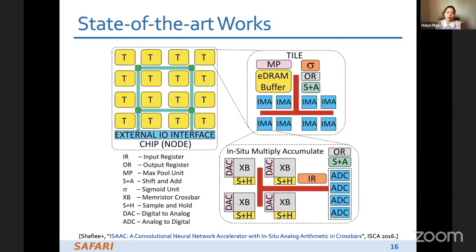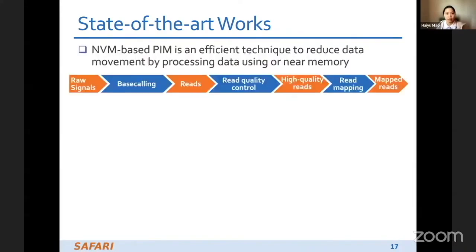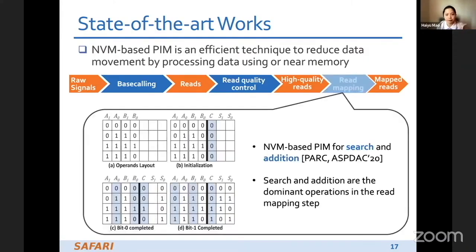With all of this design, you can use this kind of chip to accelerate neural networks very efficiently inside the memory. So this is one prior accelerator designed for neural networks, which we can also use for base calling because it's a neural network accelerator.